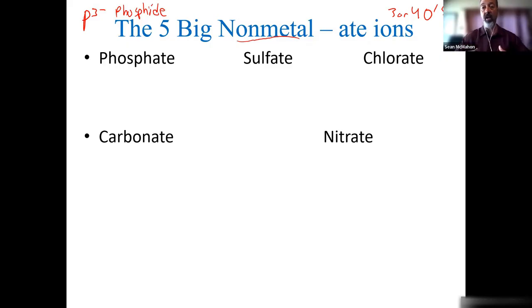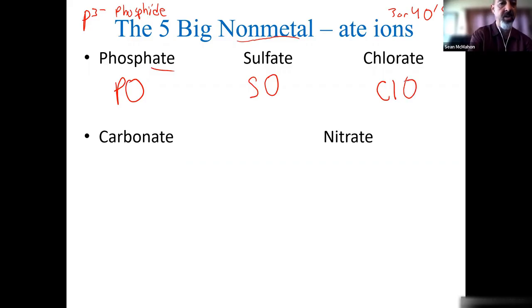We're doing polyatomic, and they have ate endings, not ide. So phosphate has phosphorus and oxygen, 3 or 4, because it ends in ate. I'm going to get there. Just give me a chance. Sulfate, sulfur and oxygen. Chlorate, chlorine and oxygen. Carbonate, carbon and oxygen. Nitrate, nitrogen and oxygen.